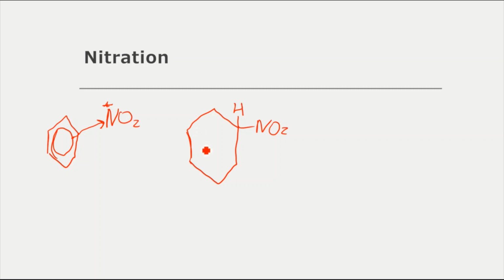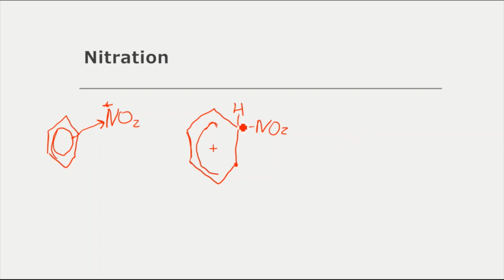Now when I'm drawing my ring, it won't be a full ring, remember. It would be cutting out that carbon and the other carbon. So that's my new ring, and there will be a plus in the middle because now we have bonded to that NO2.